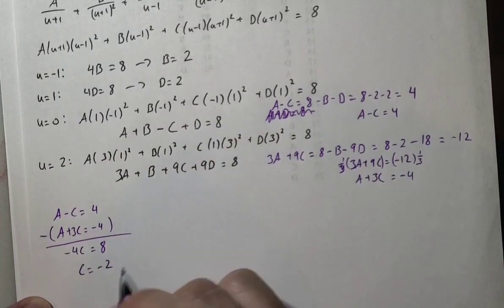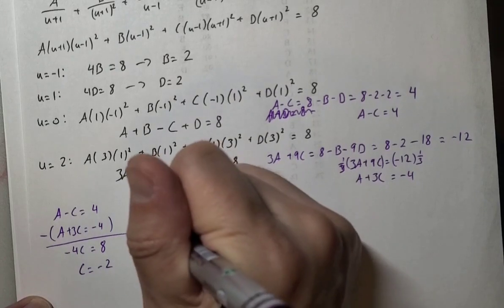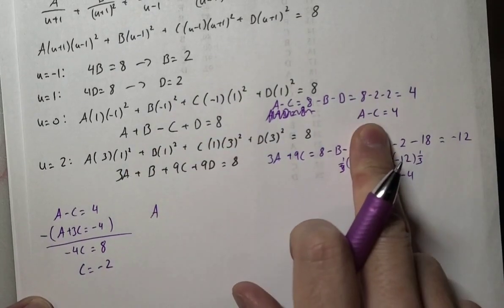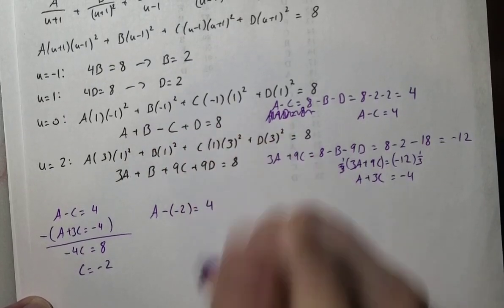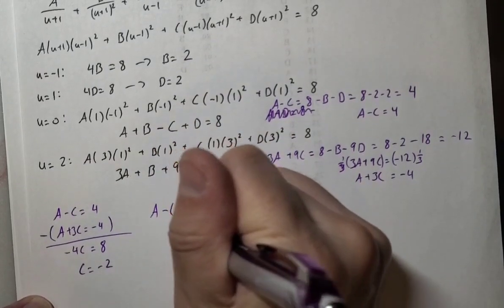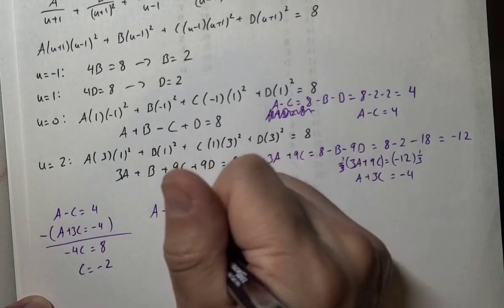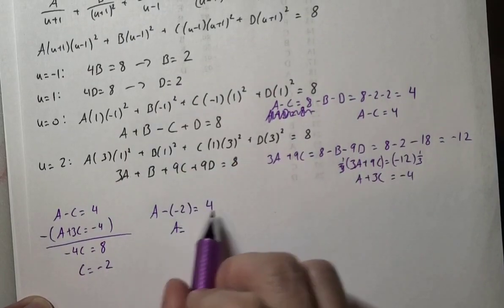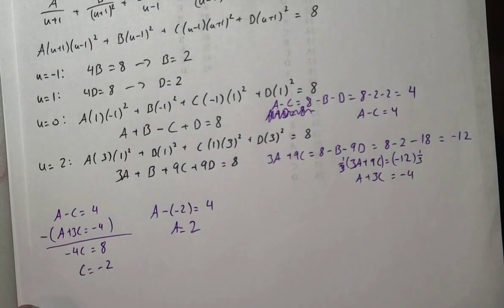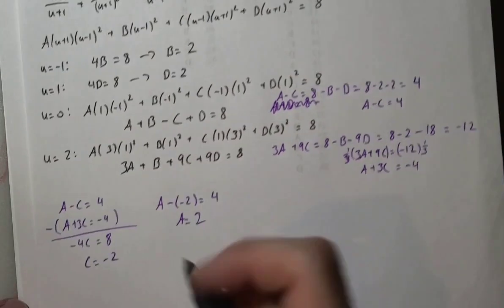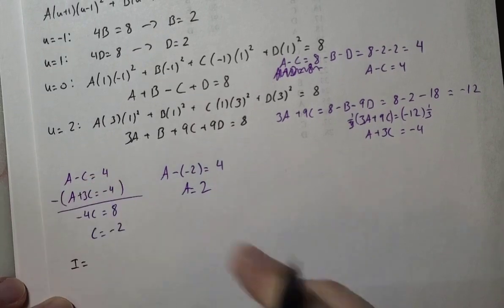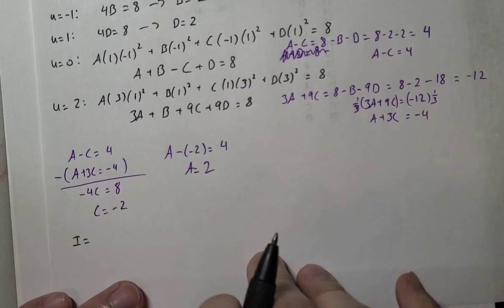Okay, and then we can get a, because we can just use this definition, a minus minus 2 is equal to 4. Okay, so a plus 2 is 4, so a is 4 minus 2, which is 2.